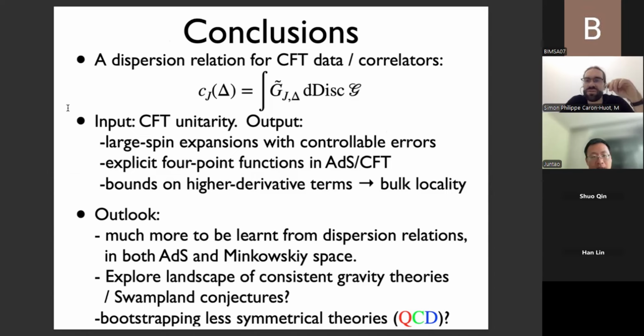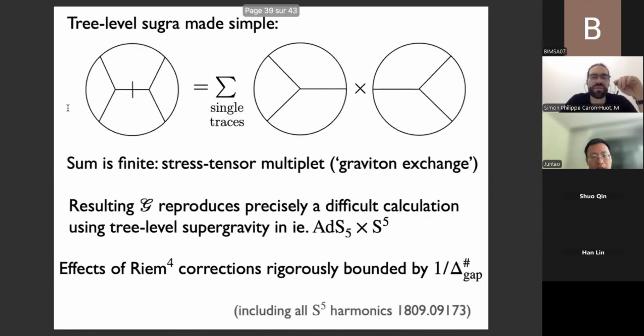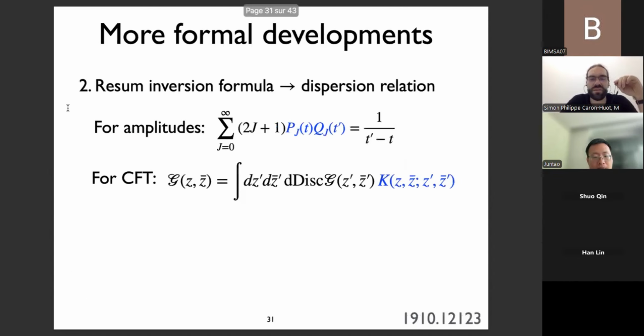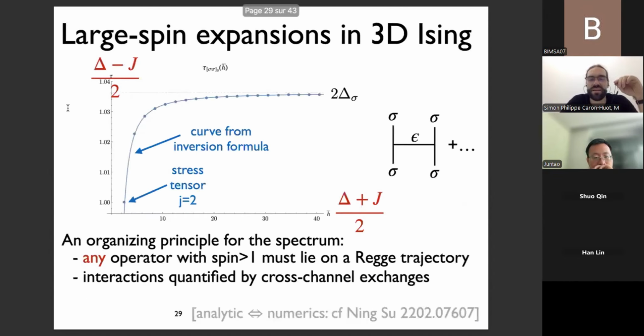I think right now the viewpoint, though not completely satisfactory, is that in some theories, at least some cases, you can trust this large spin expansion down to a smallish spin, even like spin 2, or maybe even spin 1 in some cases. But then you need some other numerical technique to get the spin 0 ones, which are kind of a distinct world. Okay. So analytically, it's still not solved.